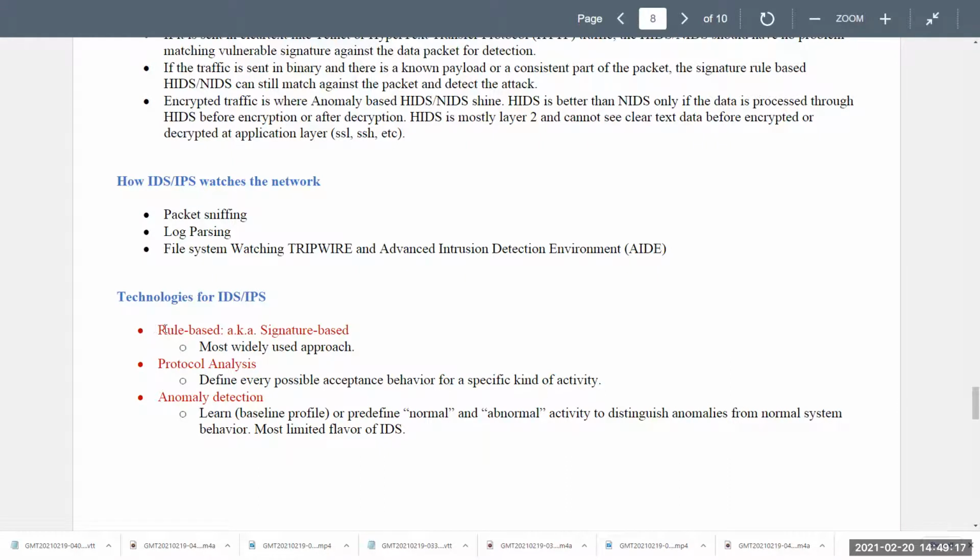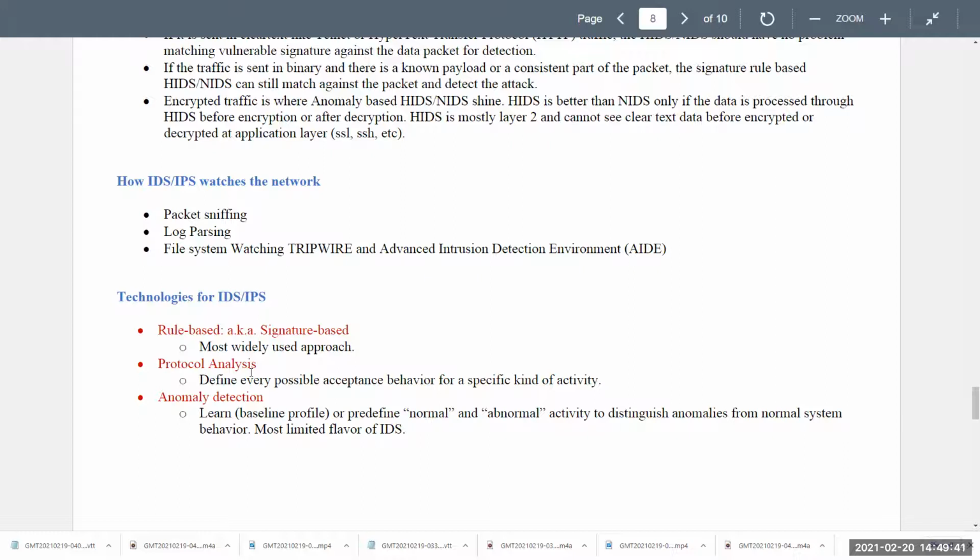You create a rule and find a match for a vulnerability or an attack. And once you find that, then this packet or this stream of packets will trigger an IPS alert.